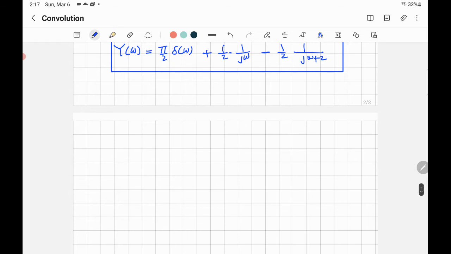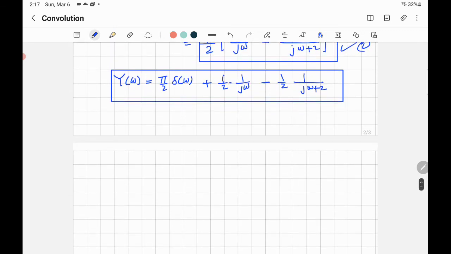Most of the time, we like to convert from frequency domain to time domain so we can know what the response looks like. So all you're supposed to do is go to the table and check for everything that you have there. For example, you have pi over 2 times delta omega, plus 1 over 2, 1 over j omega.